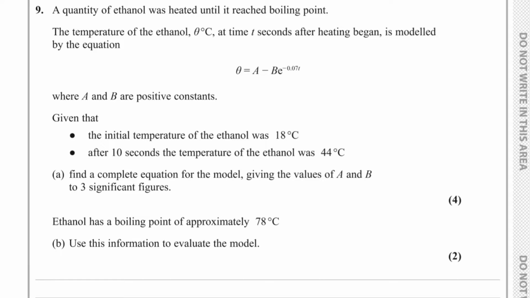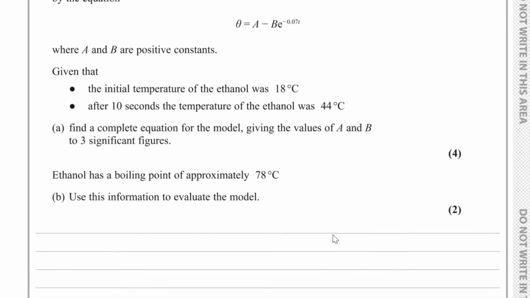And given that the initial temperature of the ethanol was 18 degrees C, and after 10 seconds the temperature of the ethanol was 44 degrees C, we have to find for part A a complete equation for the model, giving the values of A and B to 3 significant figures.